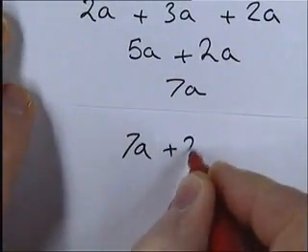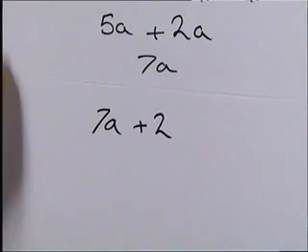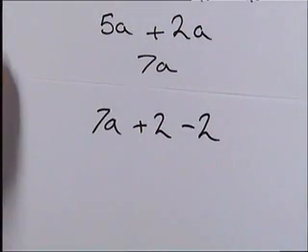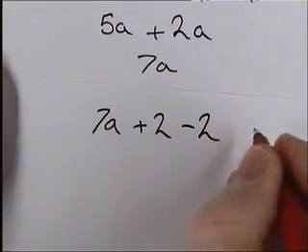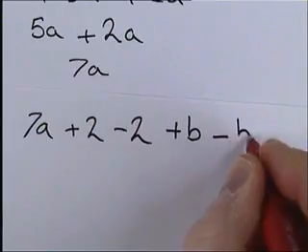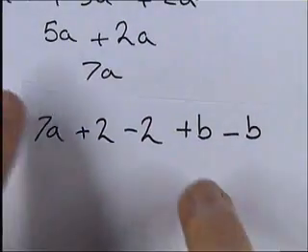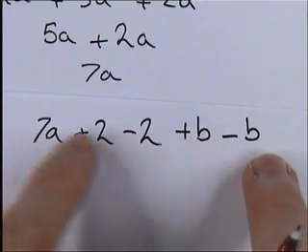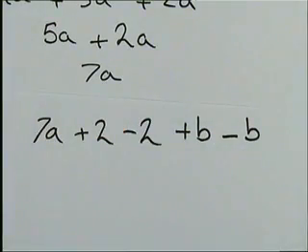I could add a 2, but if I add a 2, I must also take away a 2, otherwise the expression hasn't got the same value. I could add a b, but if I add a b, I've got to take away a b. These are the same, just this is more complicated than that. That's all we're doing when we're simplifying expressions. We're taking an expression and writing it in the most simple way possible without changing the value of it.